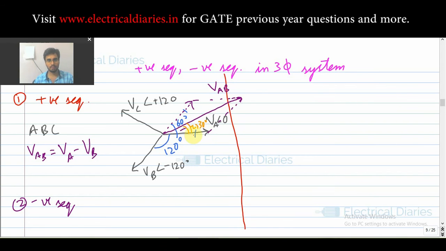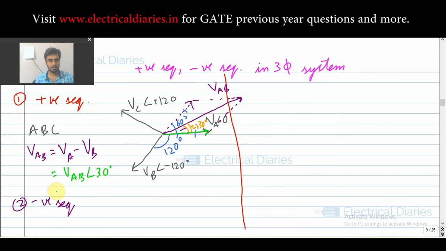If you take VA at an angle 0 as the reference, then VAB with respect to the reference will be written as VAB at an angle 30 degrees.